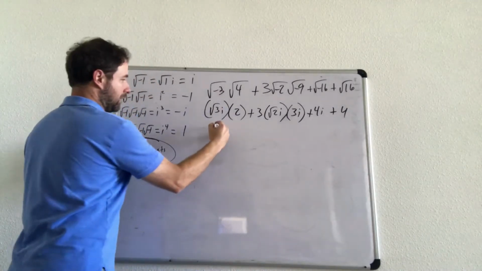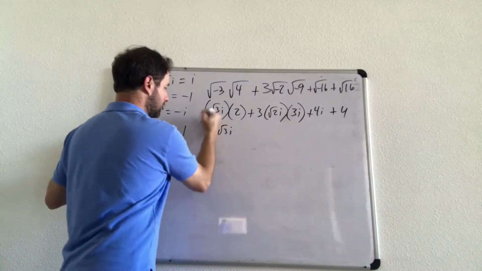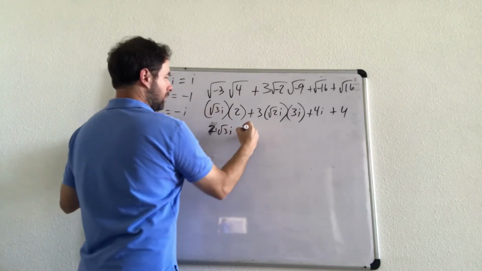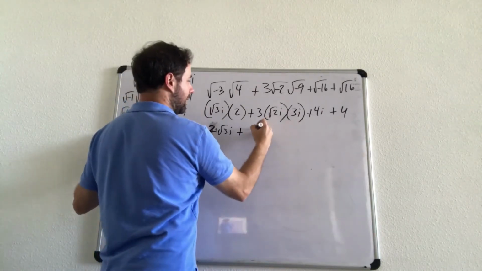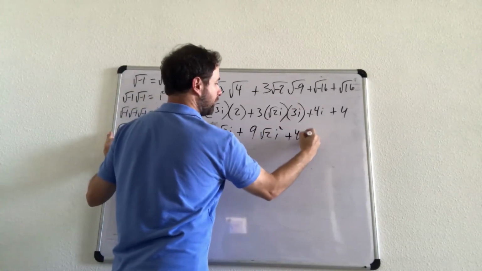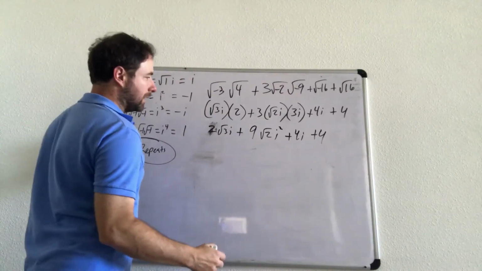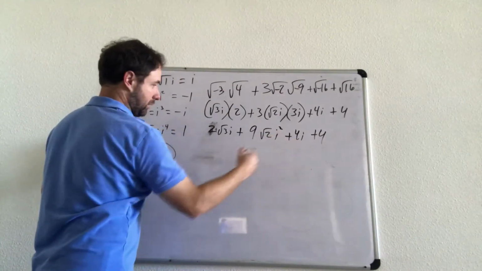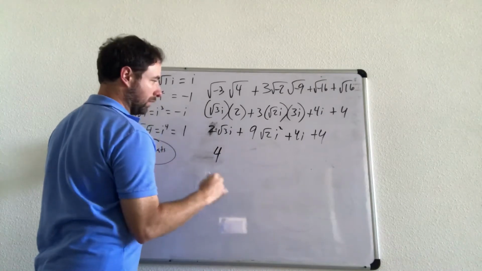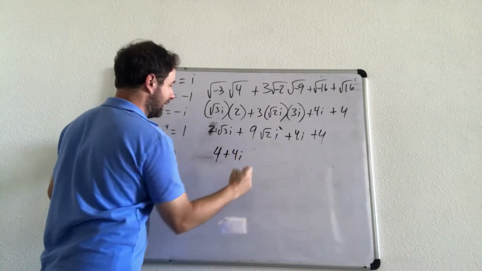Do one more multiplication. We have 2 root 3i plus we have 9 root 2i squared plus 4i plus 4. Now we'll add the like terms together. Really, there's no like terms, so this is the way to write this in descending order: 4 plus 4i.